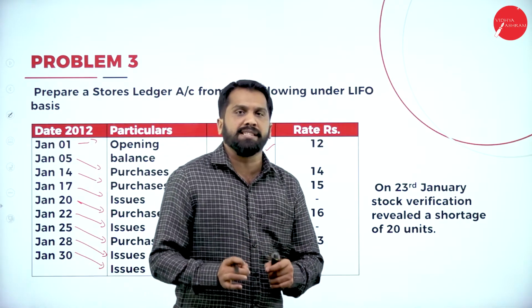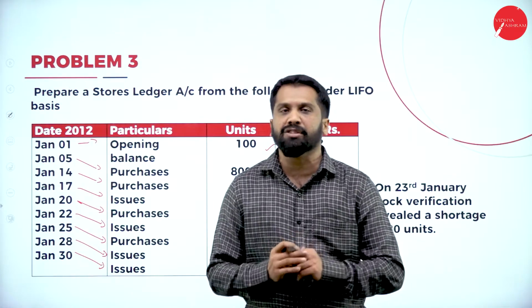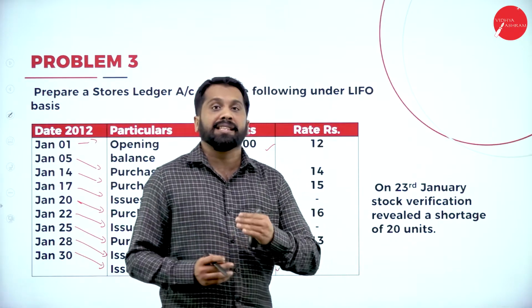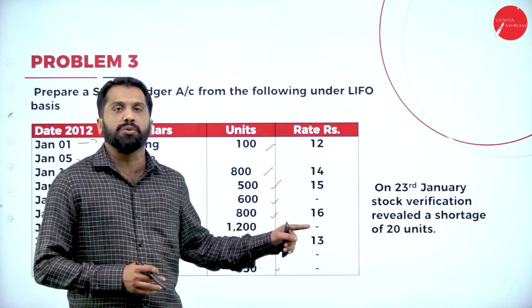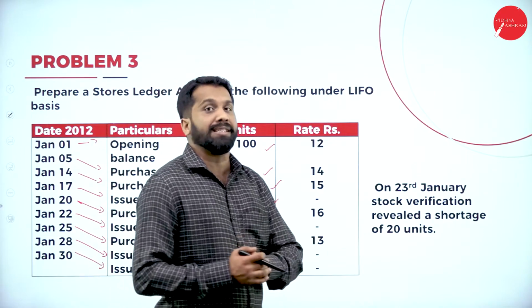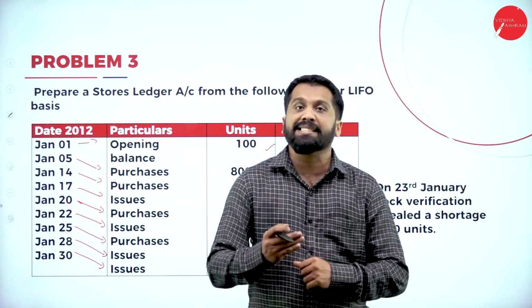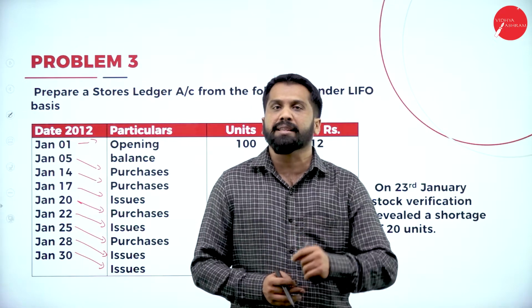Remember, if there is any shortage, any pilferage, any theft, we always call it an issue. That is the only adjustment you will get here. Along with that, you may get excess stock also. In the next session, we will work out that also.